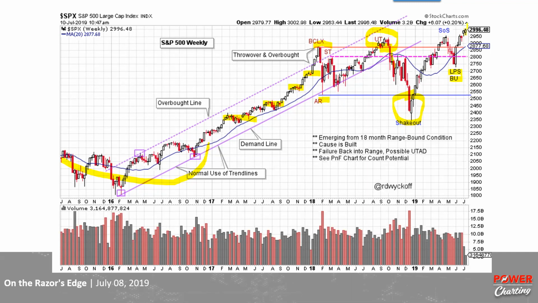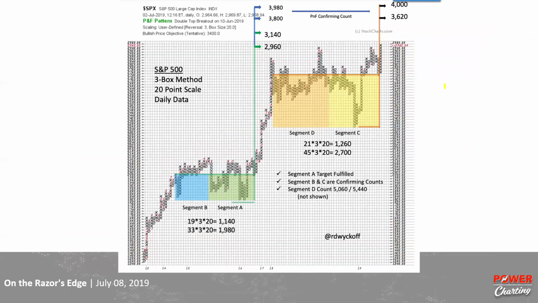And then today we've touched 3,000 on the S&P. And we have an economy that's not overheated. We have a Fed that is attempting to be accommodative. This looks pretty compelling.